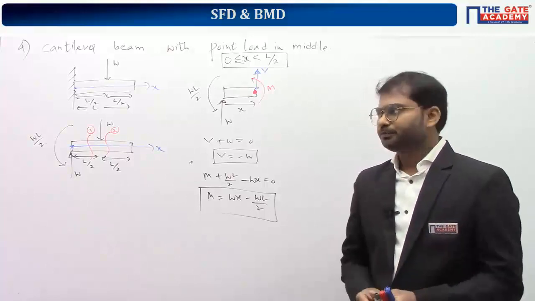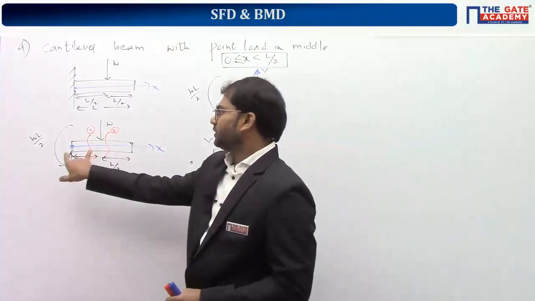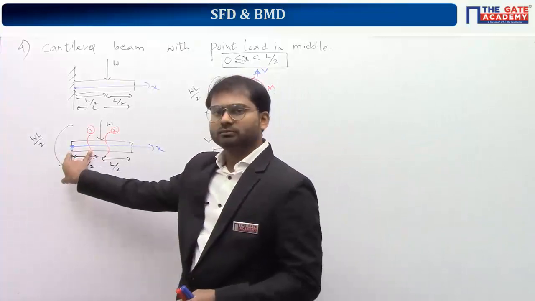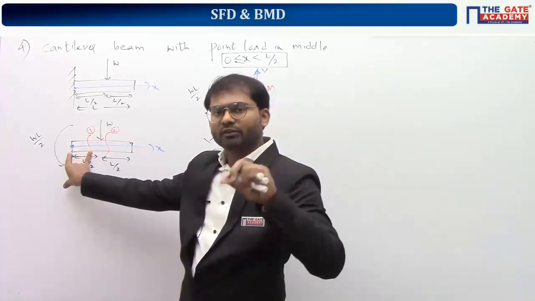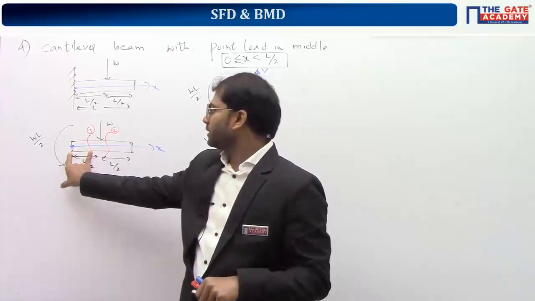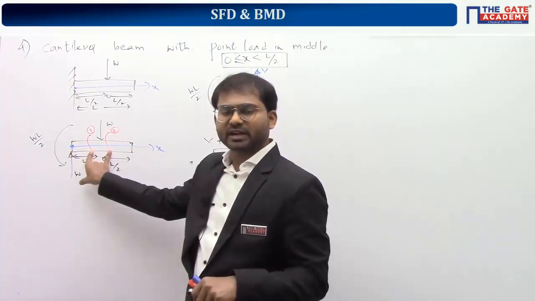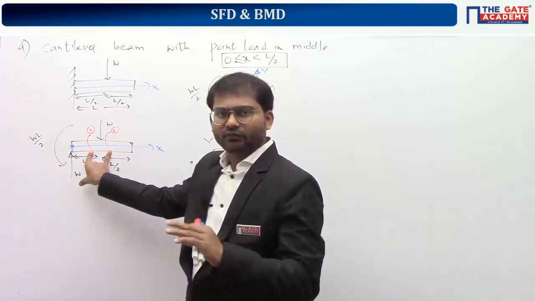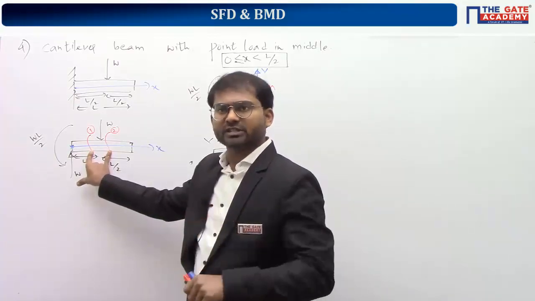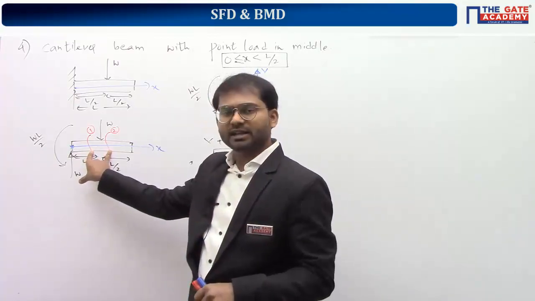Now look here. We are done with taking the left part of the first cut. Now what should we do? We should take the left part of the second cut, which is the right of the first cut. For this one, what is the range?